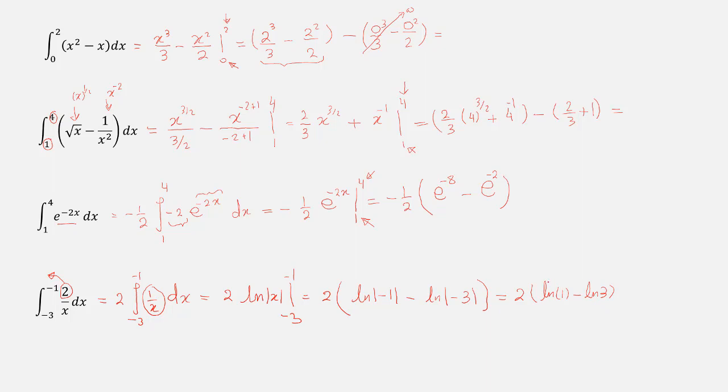Since ln 1 is equal to 0, it is equal to minus 2 ln 3.